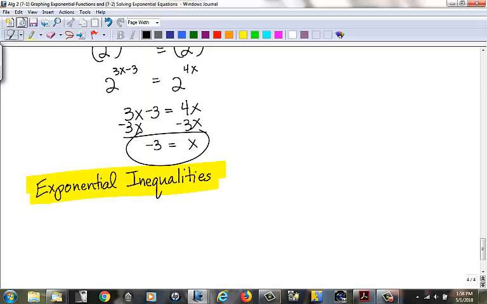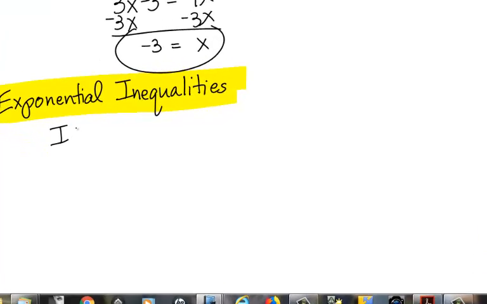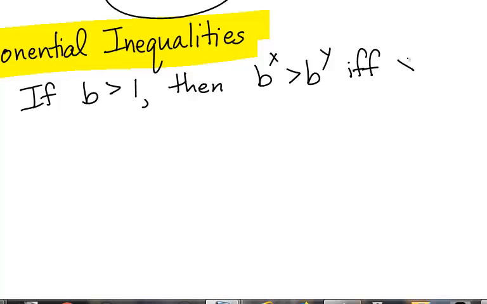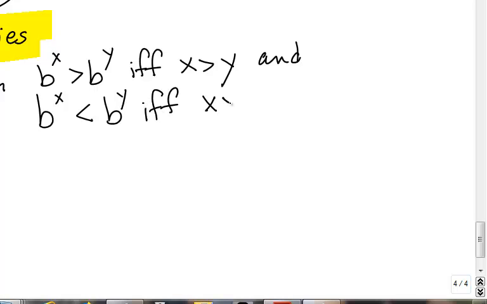Only difference, they're going to use the less than, greater than symbols. If b is greater than 1, then b to the x is greater than b to the y if and only if x is greater than y, and b to the x is less than b to the y if and only if x is less than y.